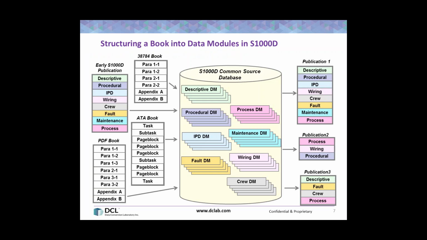In this slide, you can see on the left a few examples of what could be source data. Source data can come in many formats. Legacy data will have a totally different look and feel than S1000D. Even if it was written to a defined standard like ATA or 3784, it probably did not have modular information in mind, and it's difficult to map your data to data modules.